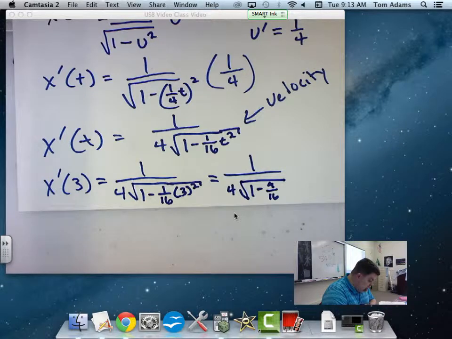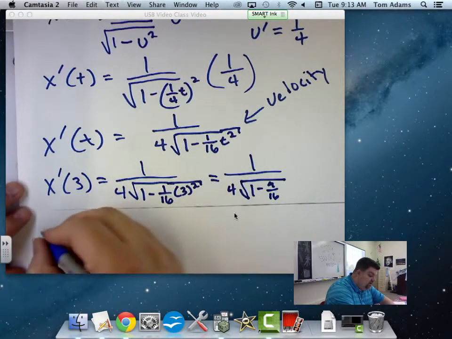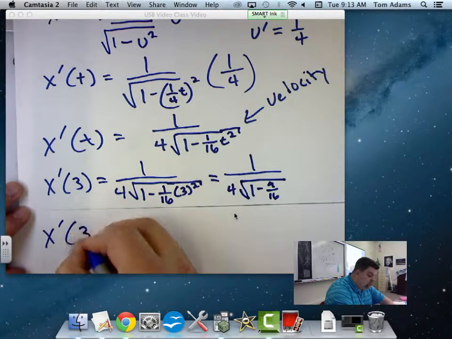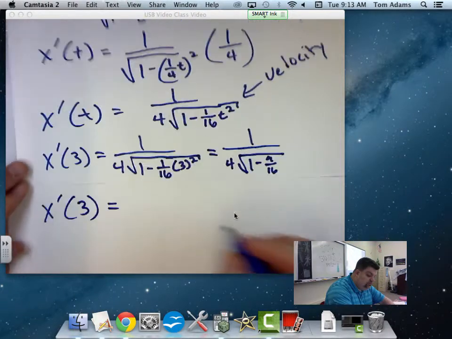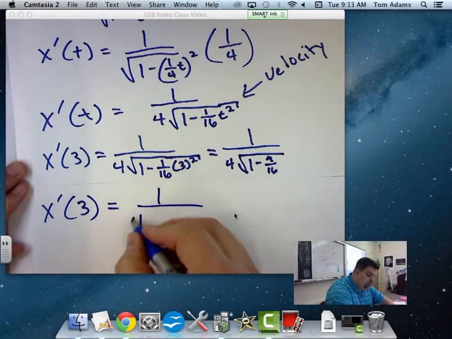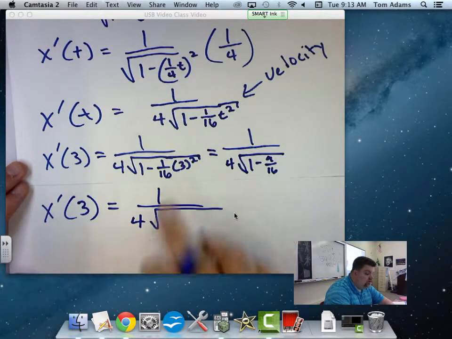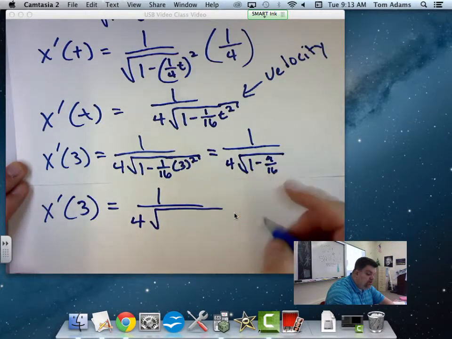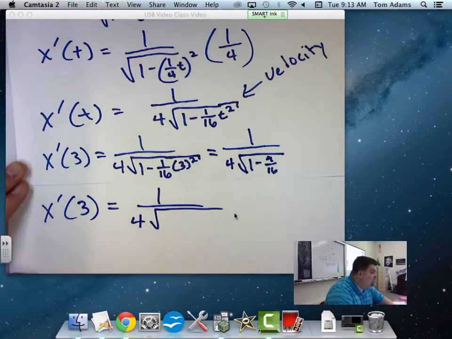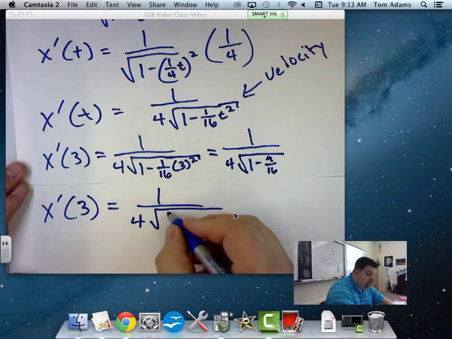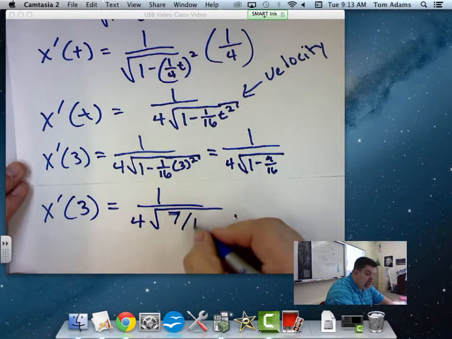Yeah. All right. So I'm going to rewrite this because we're going to need a little more room. So what we're saying, this is where we're at. How did you get the 9? 3 squared. Oh yeah. 3 squared. Okay. So now when I subtract that, 16 over 16 is the same as 1. So 9 from 16 is 7 over 16.